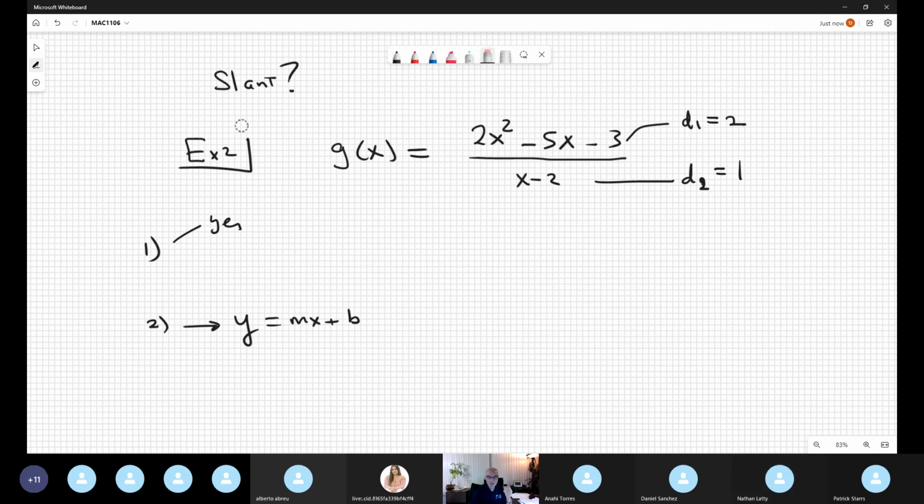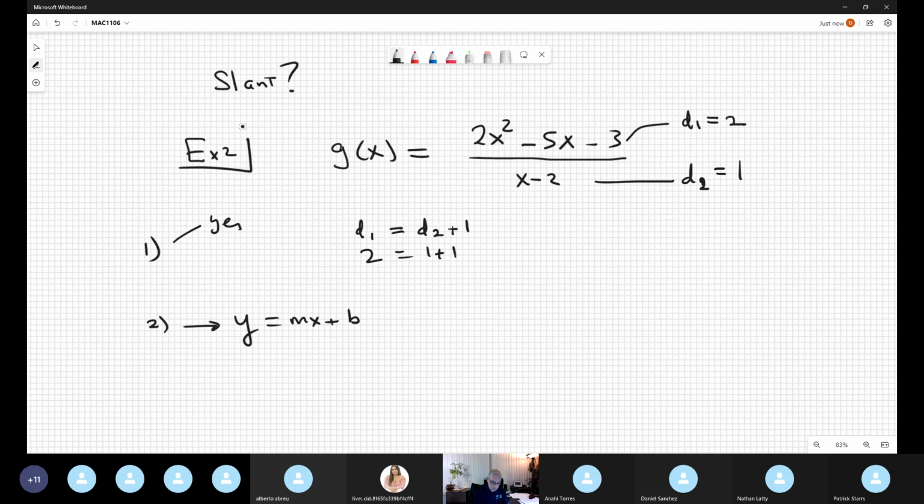Remember, the condition to have a slant asymptote is that the degree of the numerator is equal to the degree of the denominator plus 1. Otherwise, no. But in this case, yes, because 2 is equal to 1 plus 1. Okay? Everyone follow me? Yep.